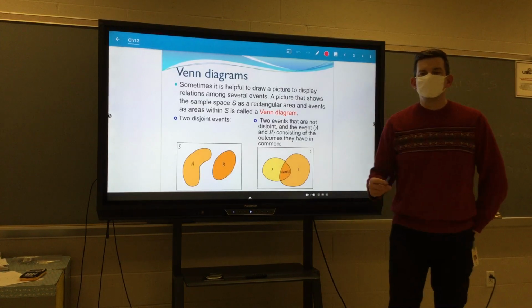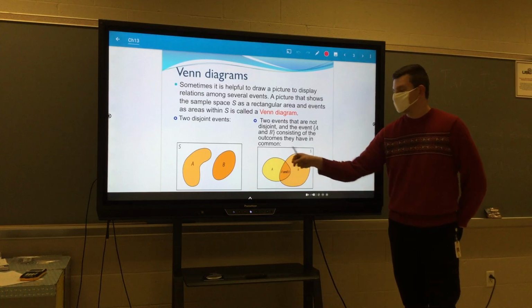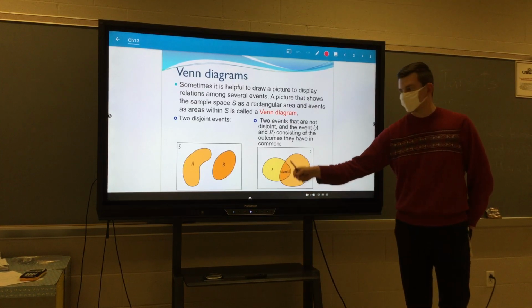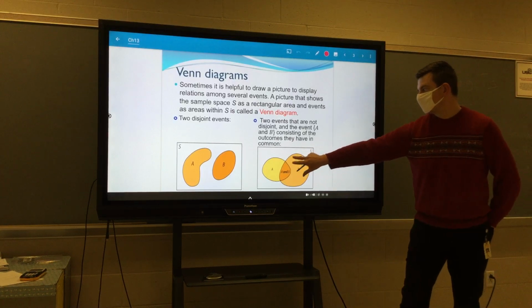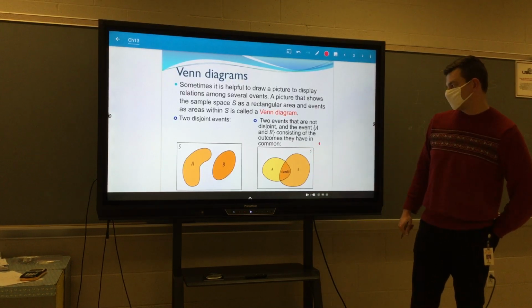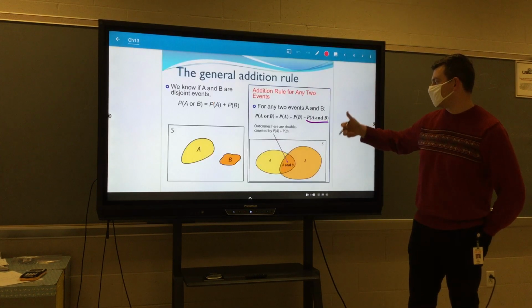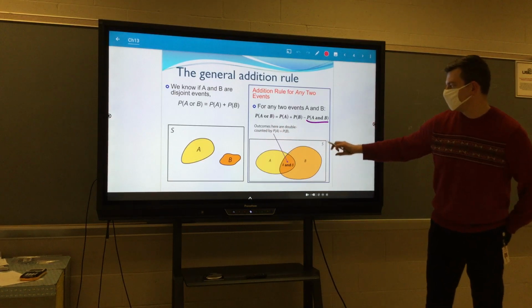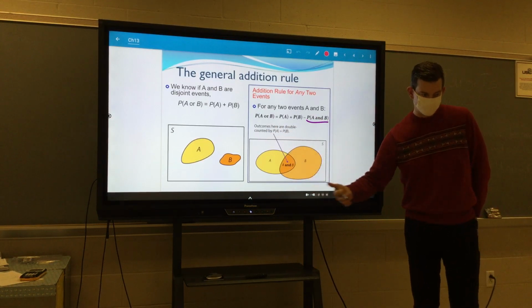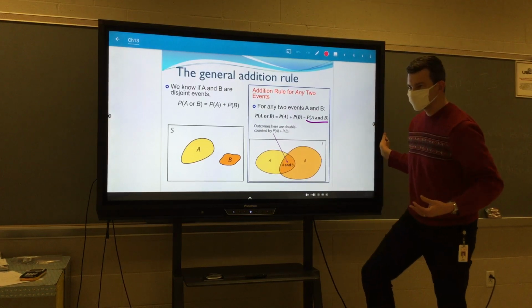But it really wasn't that much of an accommodation to make if the 2 did overlap. And this is if they're disjoint or mutually exclusive. But if they're not disjoint, that means that they have a little bit of overlap, and to make that change, we can just subtract away the probability that both of them happen, because we don't want it to be counted twice.